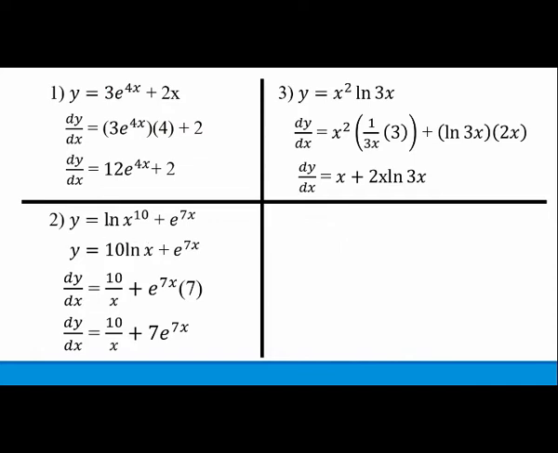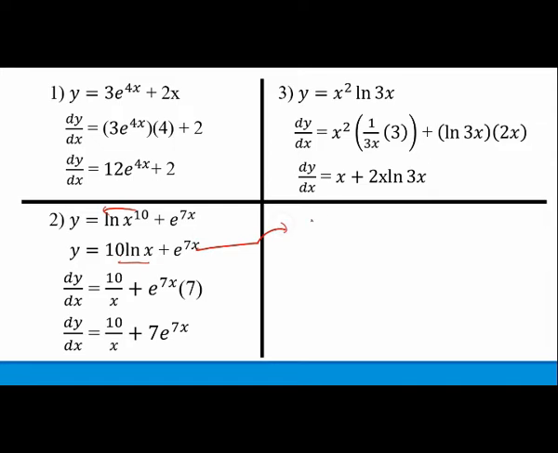Next, if you have ln x to the power of 10 plus e to the power of 7x, I move the 10 to the front, so it becomes 10 ln x plus e^(7x). You know that the derivative of ln x is 1 over x.